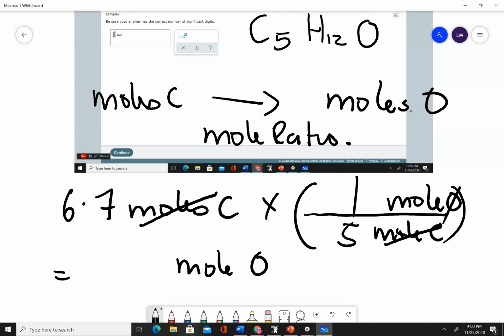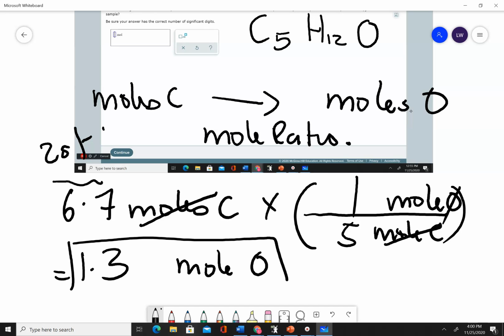The mole ratio is an exact number, so we give our answer to 2 significant figures, consistent with the 2 sig figs in 6.7. So 6.7 times 1 on 5 gives me 1.3 moles of oxygen.